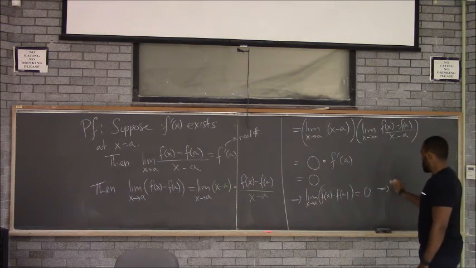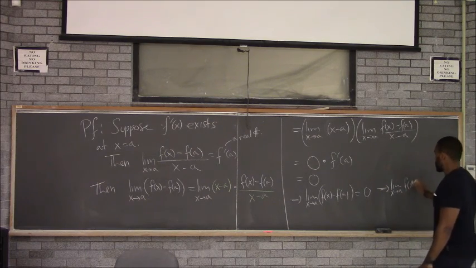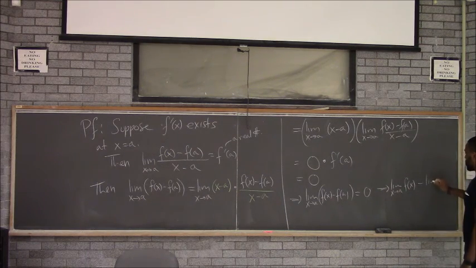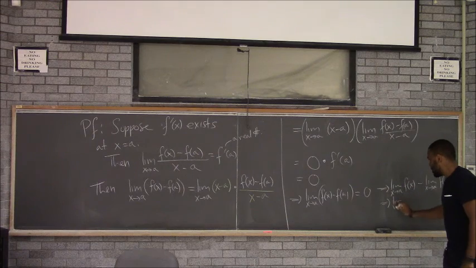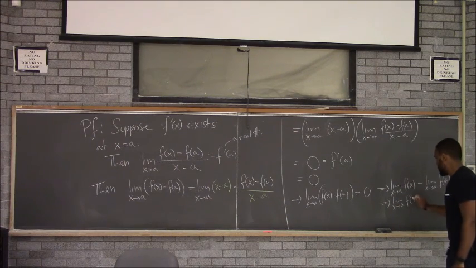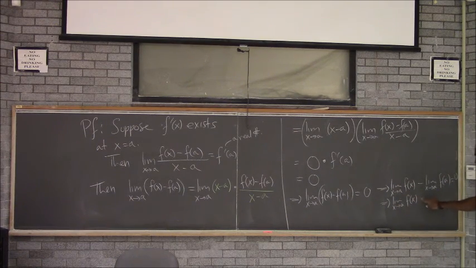But that means that the limit as x approaches a of f of x, distributing the limit across the sum, because limits can do that, of f of a equals 0.